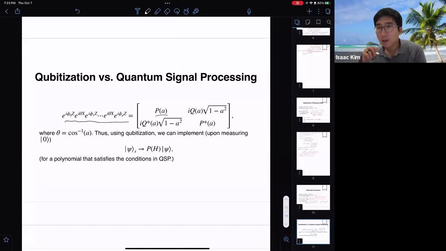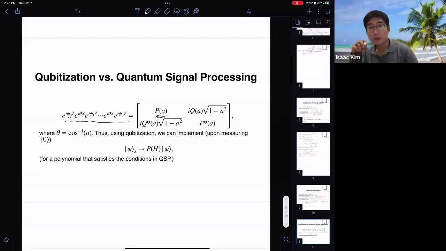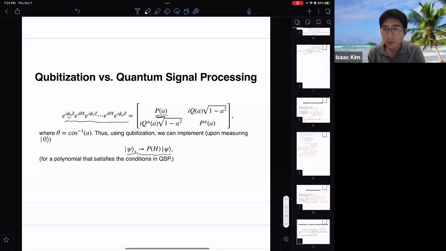And conversely, if you have a 2x2 matrix of this form, remember these polynomials were not completely arbitrary. There were some conditions, but provided those conditions are satisfied, there exists a sequence of angles phi 0 to phi d such that this equality holds. And now using qubitization, we can actually implement this desired operation. So let's see how that works.